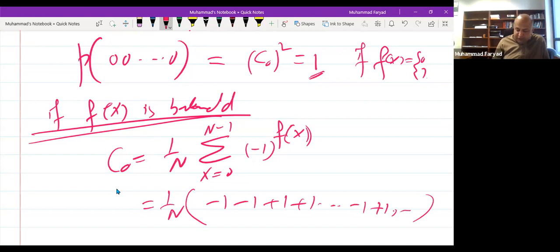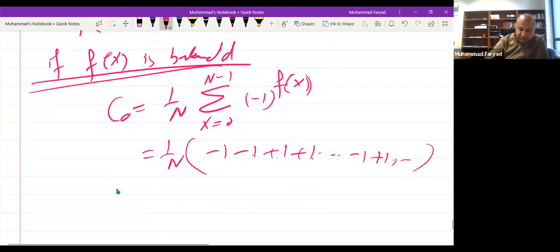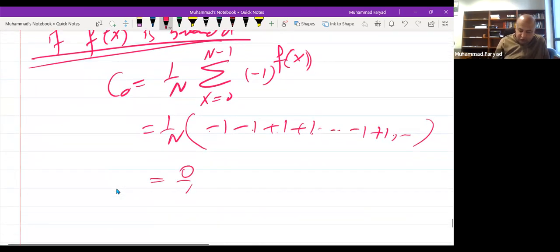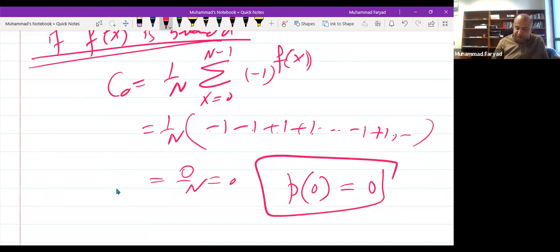So sometimes I get -1, sometimes I get +1, and this sum would cancel out, and I will have 0 over n equal to 0. And the probability of measuring 0 if f of x is balanced is equal to 0.